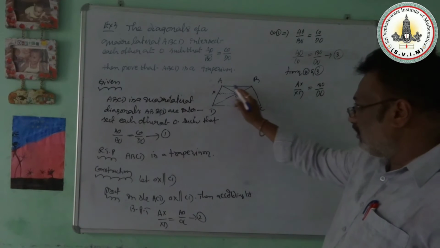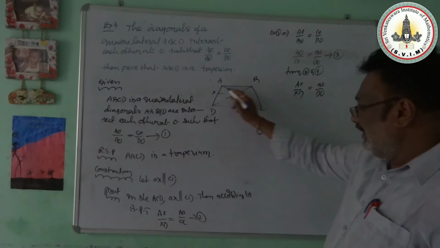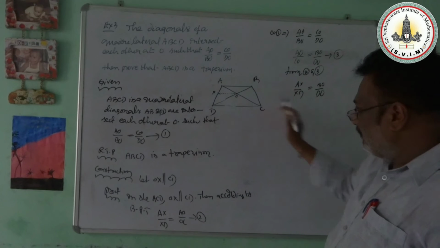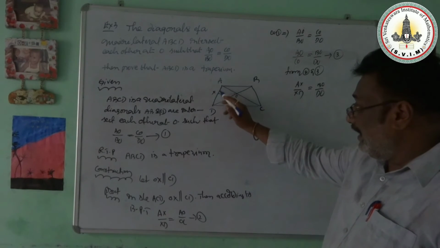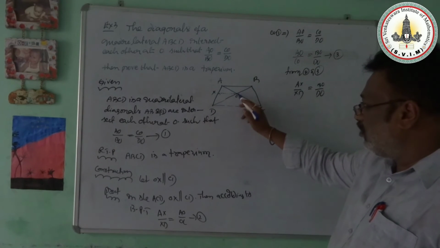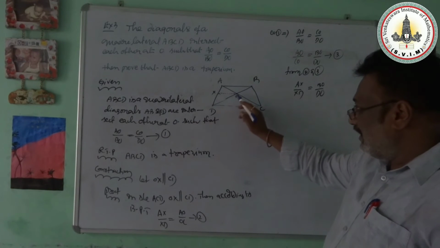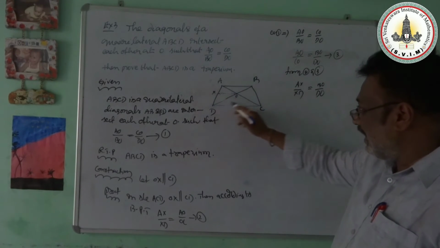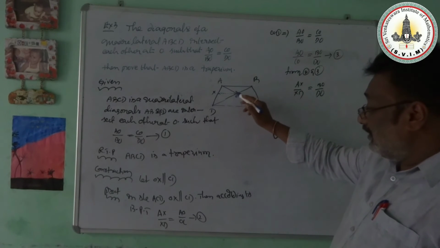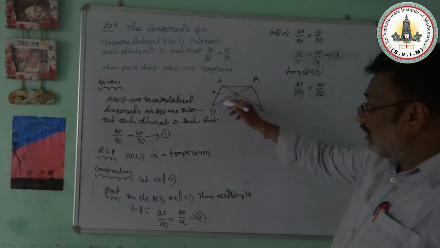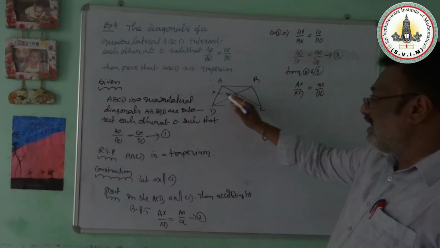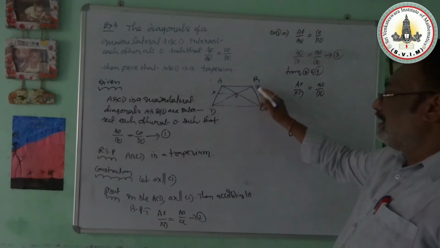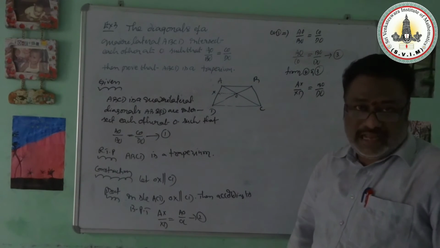That means you need to capture this triangle. In this triangle we have AX by XD equal to BO by OD. That means this line segment is dividing these two sides of the triangle in the same ratio. The line segment which divides two sides in that way is parallel to the third side of the triangle.